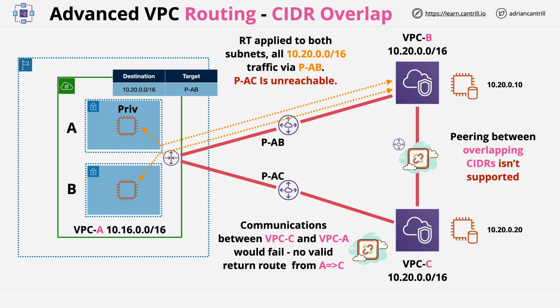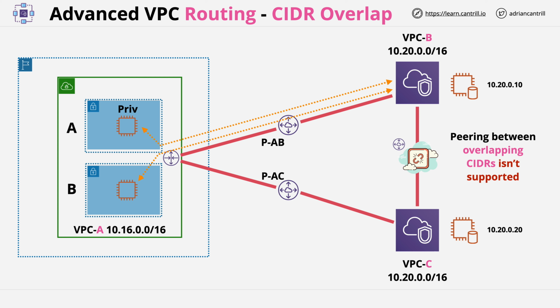Now, if you do find yourself in this type of situation, there are a couple of easy ways that you can handle it, and that's what I want to talk about over the next few screens. One option to allow access to both of the database instances in VPC B and VPC C is to split the routing inside VPC A, so use a route table per subnet.